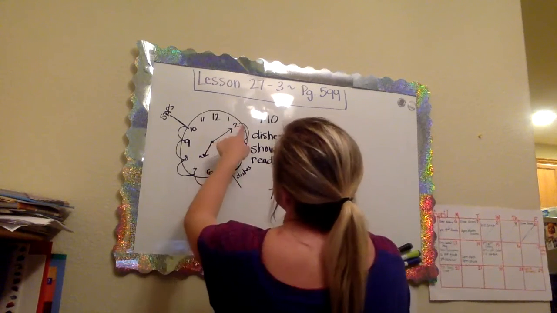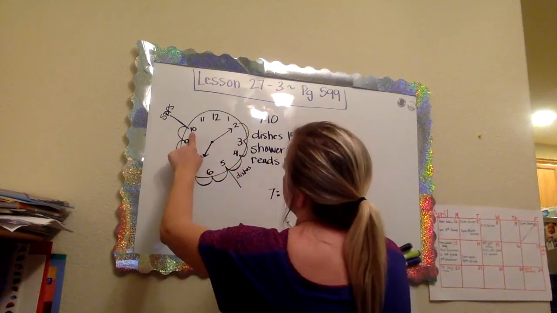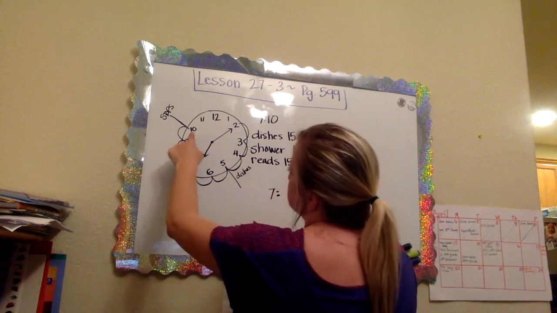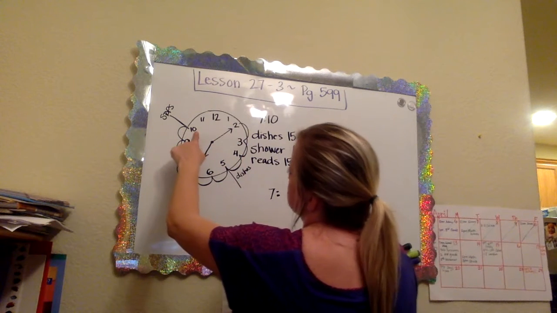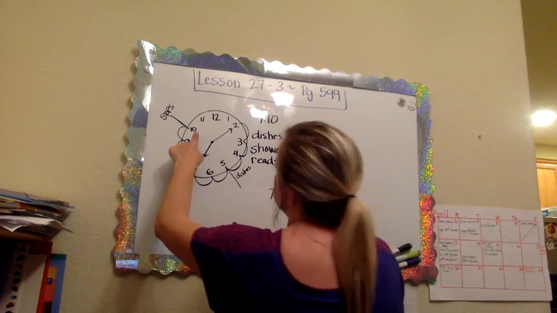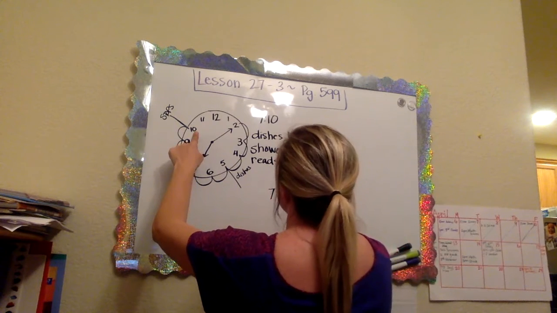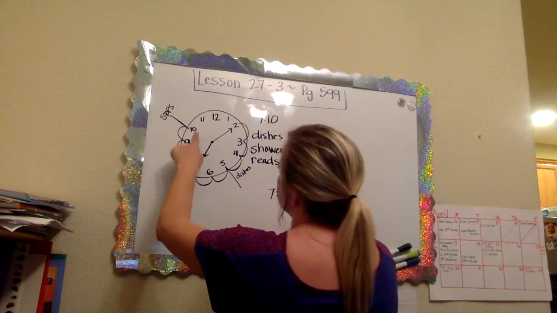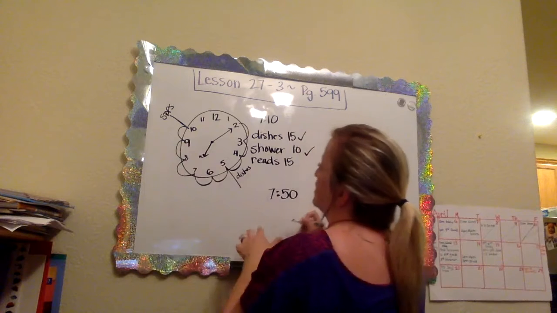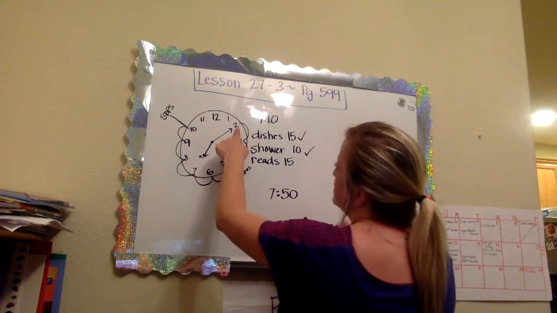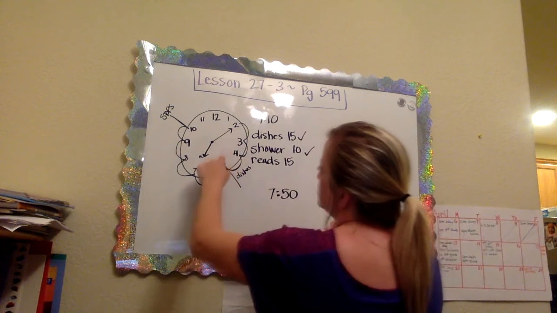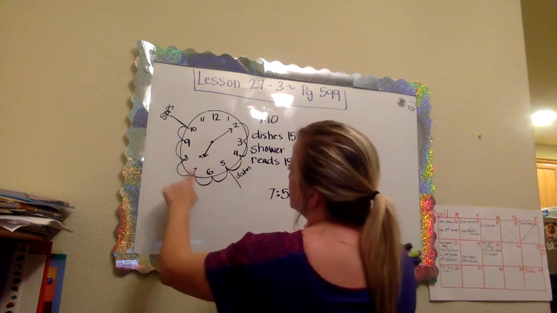And then this minute hand is going to come all the way over there. I know these are groups of 5, and 5 groups of 10 is going to be 50. So it is 7:50.